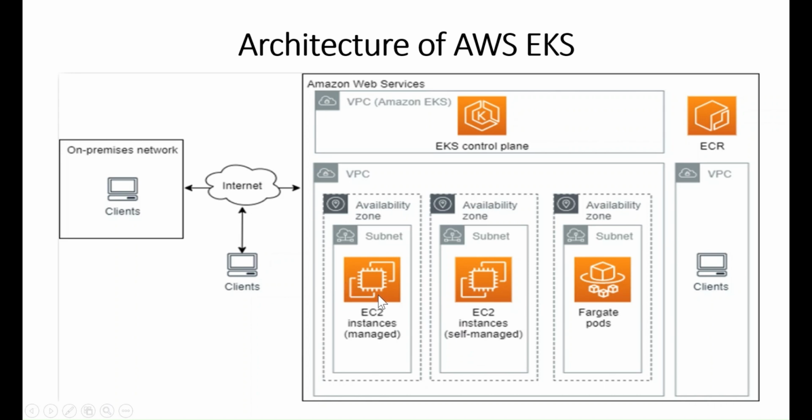In the managed nodes, these are Amazon EC2 instances managed by EKS. So AWS will handle the scaling and updates for these nodes. When it comes to self-managed nodes, you have to manage the EC2 instances yourself. This gives you more control, but requires additional maintenance.